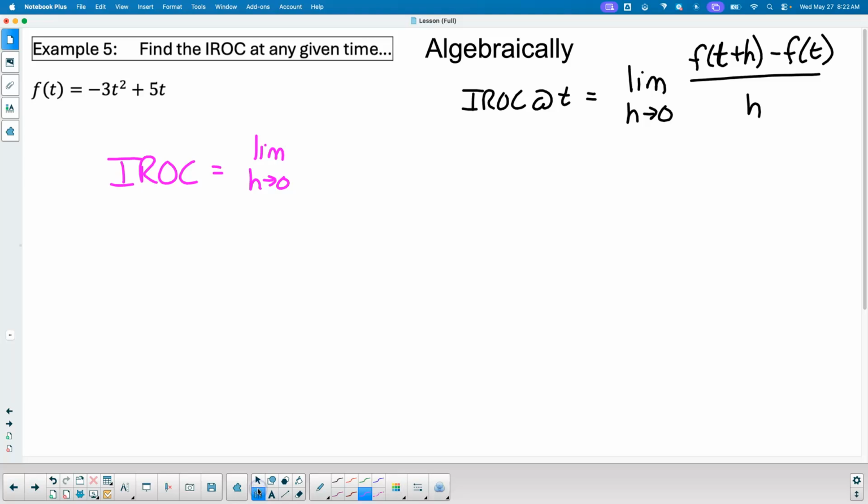So let's do it this way. I want f of t plus h. So that's going to be negative 3 times t plus h quantity squared plus 5 times t plus h.